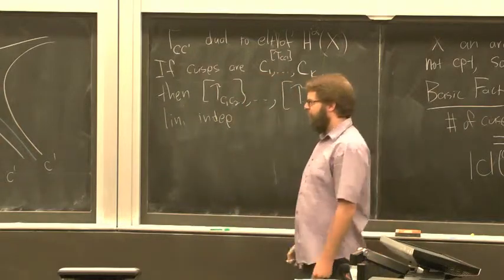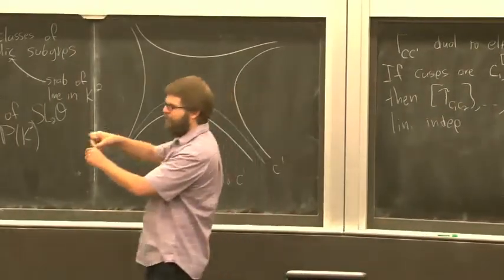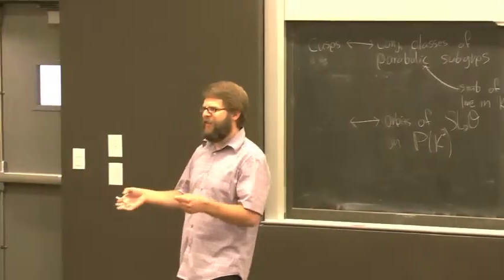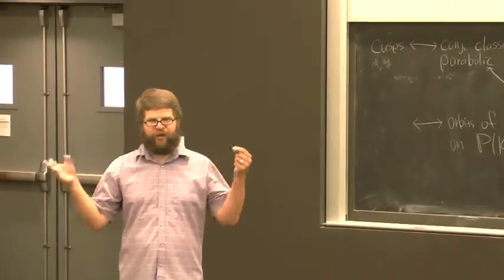I fix some base cusp and take a ray from that cusp to all the other cusps, and I get the number of cusps minus 1 linearly independent elements in cohomology.